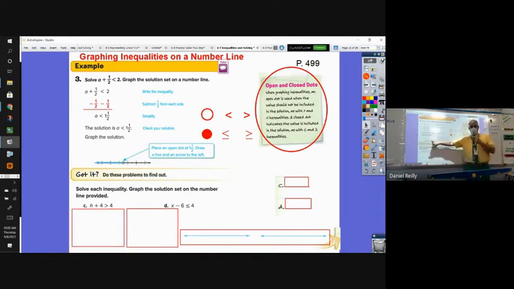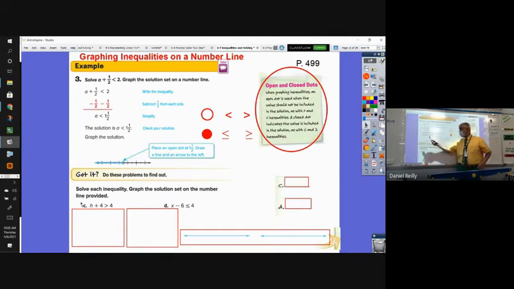So in order to show that everything right up to 1.5 is a solution, but not 1.5 itself, we use an open circle on the number line. The open circle at 1.5 means everything right up to 1.5 is okay, but 1.5 itself is not okay, because the inequality doesn't include the equal to sign.